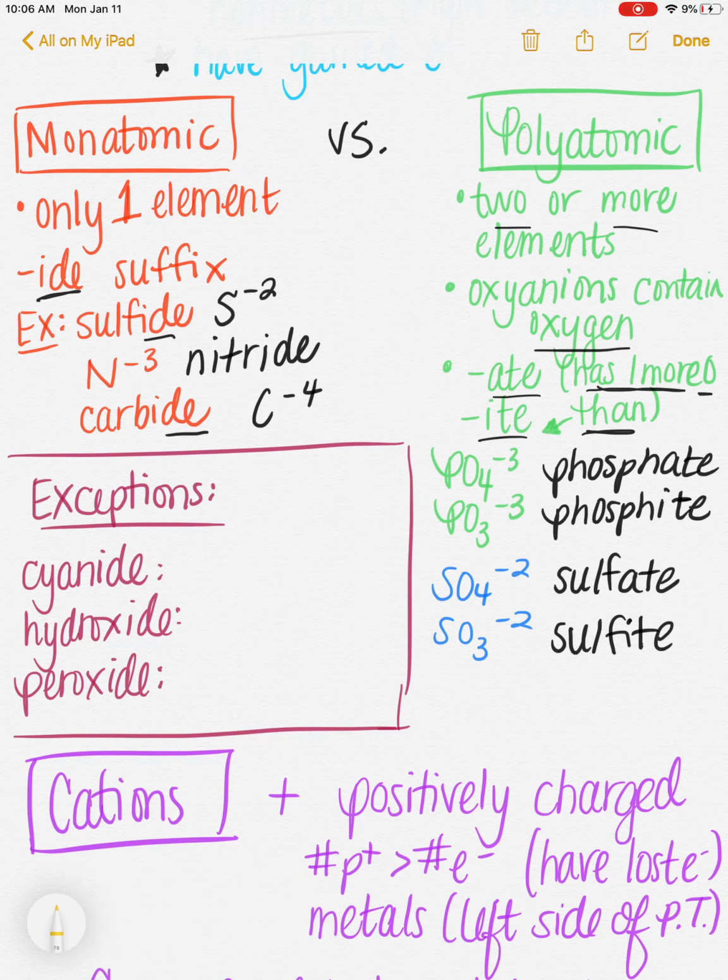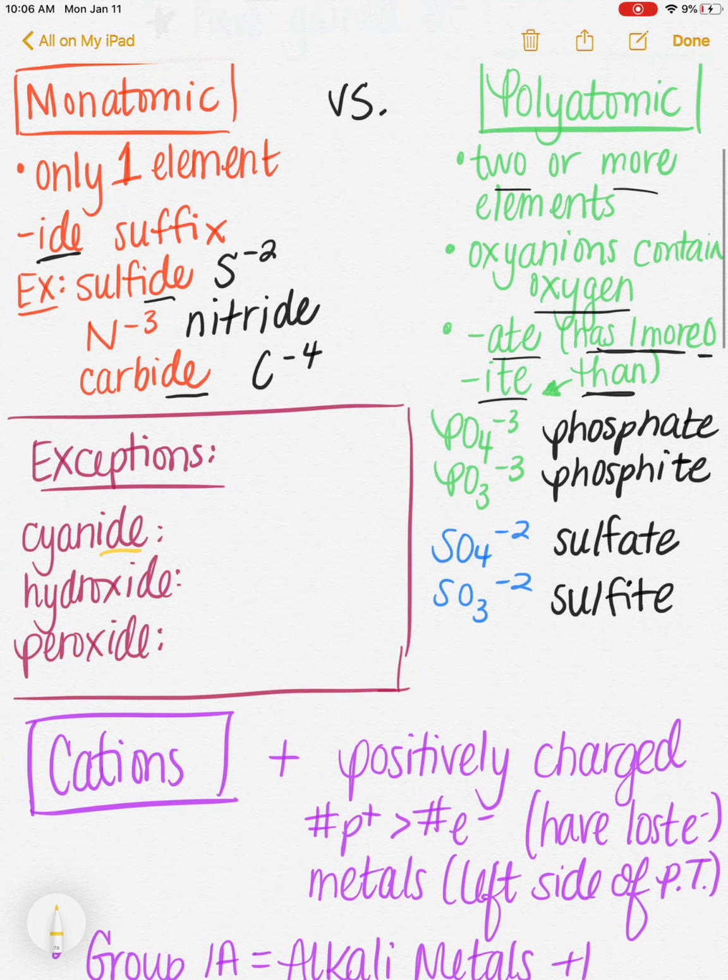For example, cyanide. It ends in -ide, so you definitely know that it's negative, but I had told you based on the general rules that -ide means that it's a single monatomic element, but there is no cyan element. Instead, cyanide is carbon plus nitrogen with a negative charge. Hydroxide is another example.